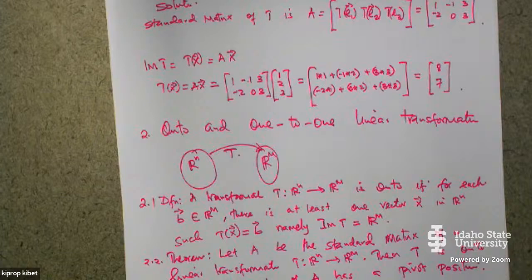Now, since m is the number of rows, for onto, when you reduce the matrix A, each row should have a pivot position.